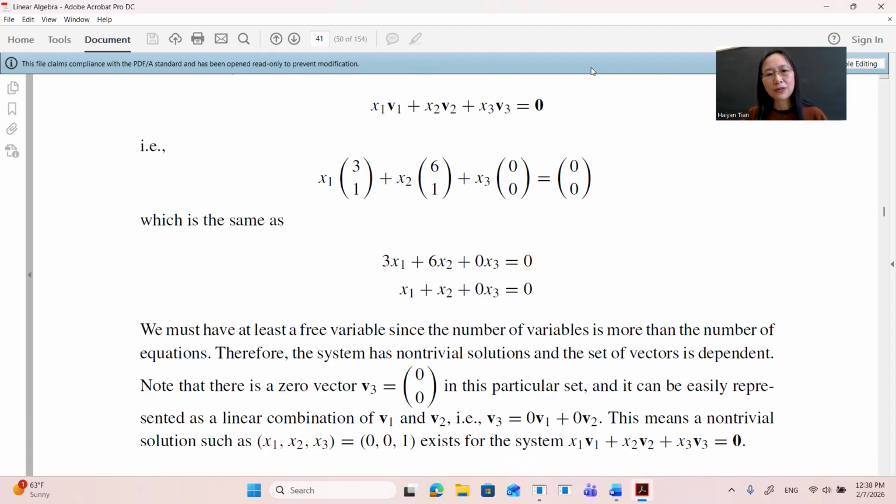By the way, we know the vector equation is the same as these two equations, right? 3x1, 6x2, 0x3 equals 0. That's the first. The second equation will be 1x1 add 1x2 add 0x3 equals 0. That's the second equation. So it doesn't matter. It's just a quick review for you to realize again the vector equation form, the equation involving the variables, that kind of form.